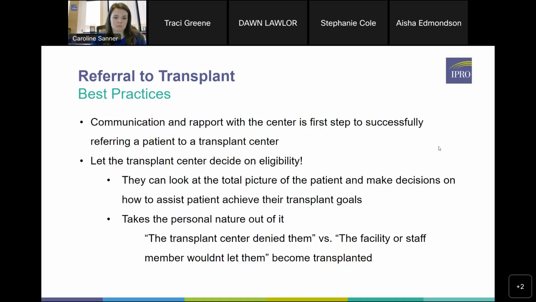And then we can do what we can for them. Sometimes that is having the patient transition to a home modality, if a transplant is not something that's right down the road. We can help them improve their life and have a better quality of life like they would if they had a transplant. Next slide.